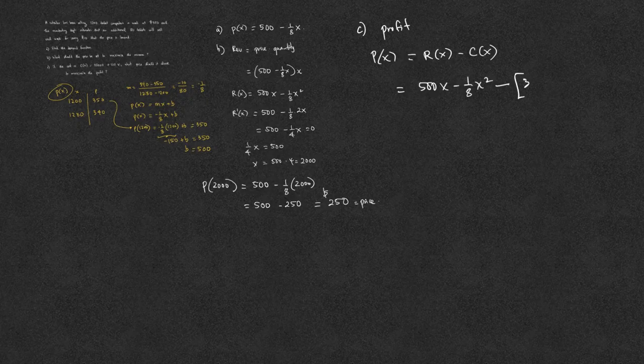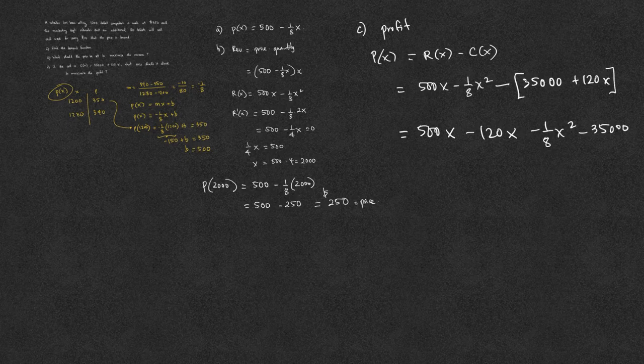It is 35,000 plus 120x. Simplifying this, we have 500x minus 120x minus 1 over 8x squared minus 35,000. 500x minus 120x is 380x minus 1 over 8x squared minus 35,000.